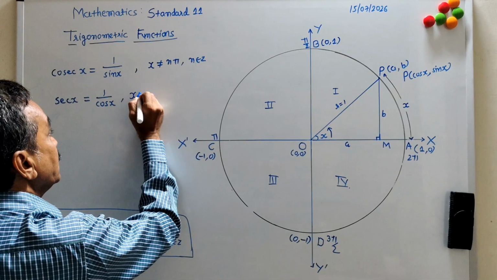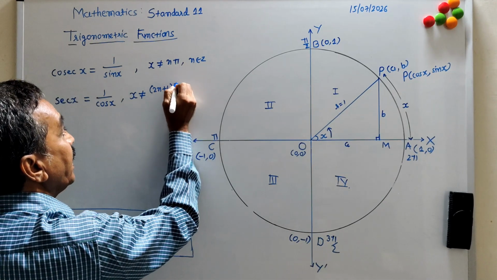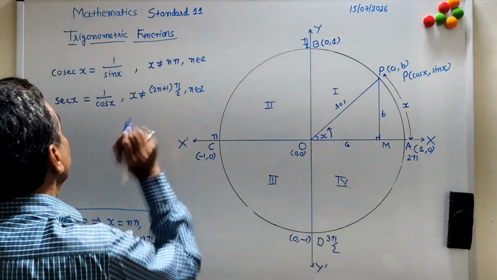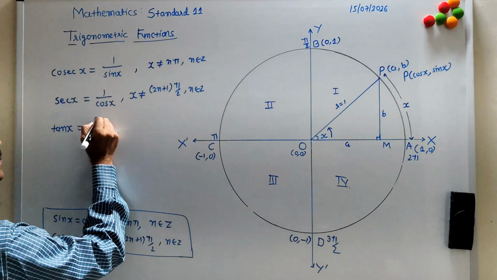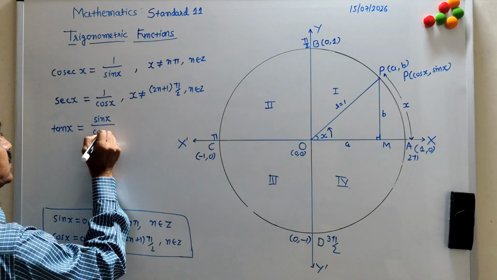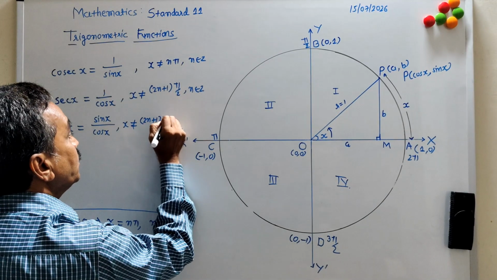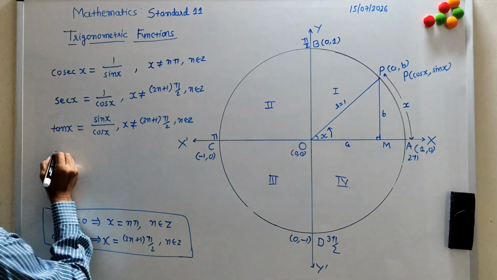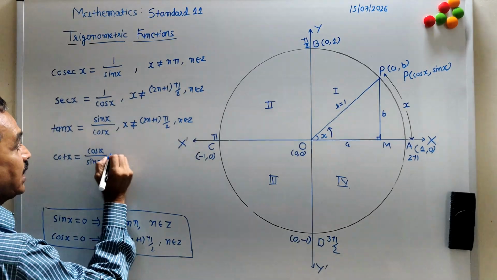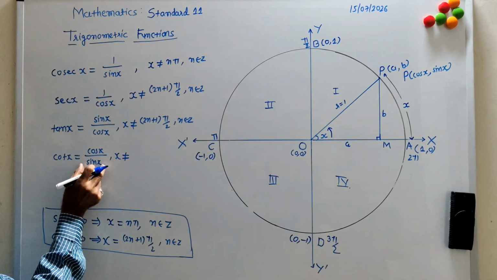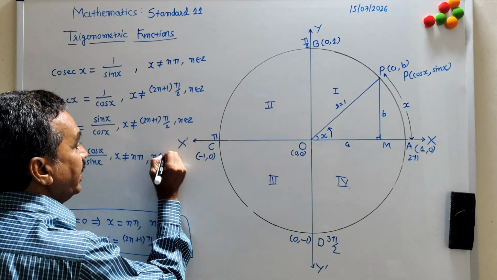When it is 0, x is not equal to (2n plus 1) pi by 2, where n belongs to Z. Now tan x is the ratio of sin x and cos x, again x is not equal to (2n plus 1) pi by 2, n belongs to Z. And cot x is equal to cos x by sin x, where sin x must not be 0, so x is not equal to n pi and n belongs to Z.